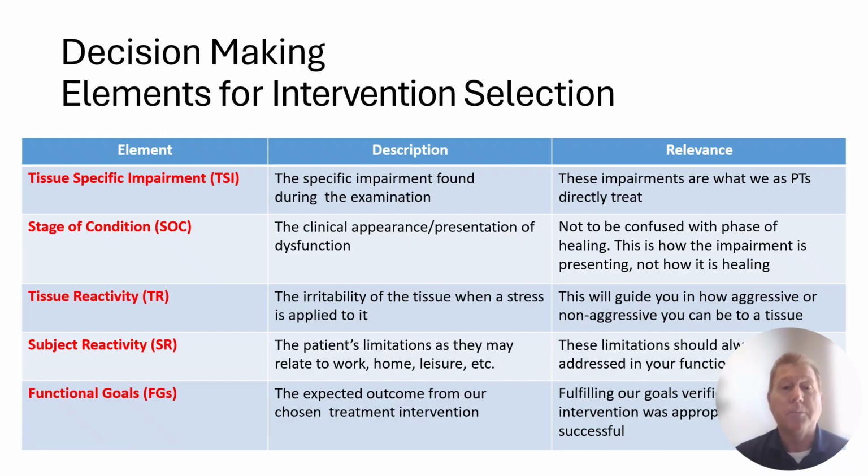Looking at patient severity, looking at the tissue reactivity, how irritable is the tissue, helps us understand how aggressive we can be with that tissue. And then the stage of condition, how far out are they from the injury, helps us understand how we might intervene on their behalf. And then, are they getting better as we would anticipate, or are we seeing them kind of lag behind? How is it healing? How is it not healing?